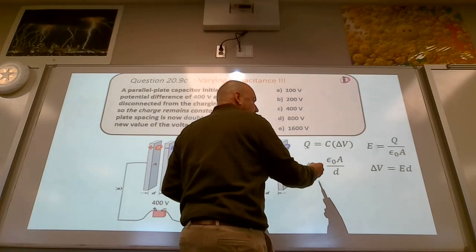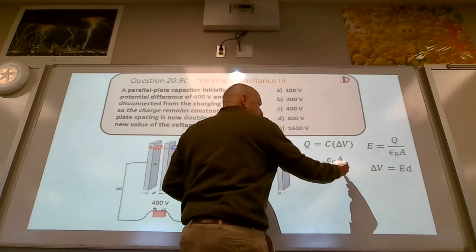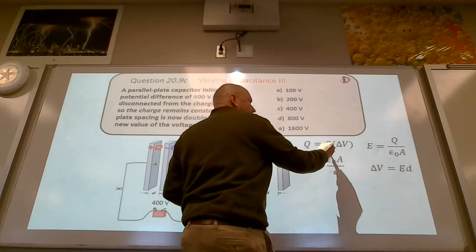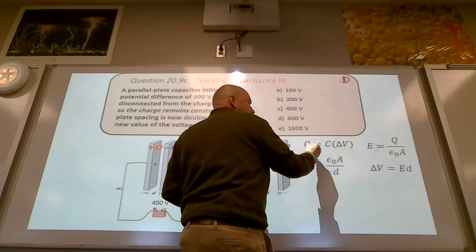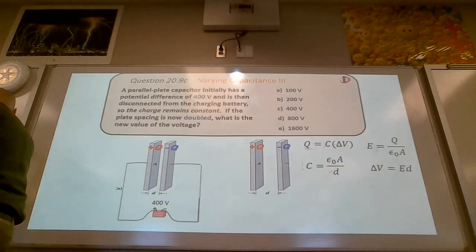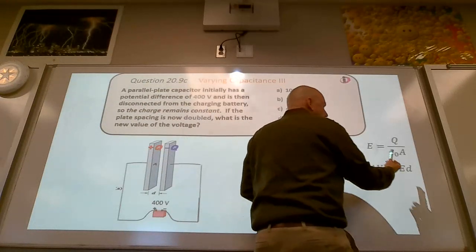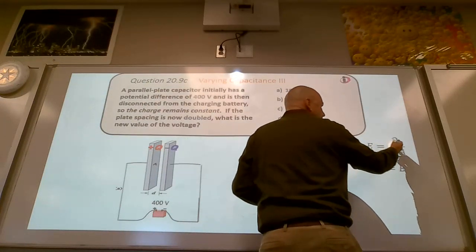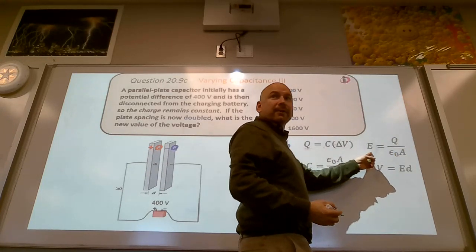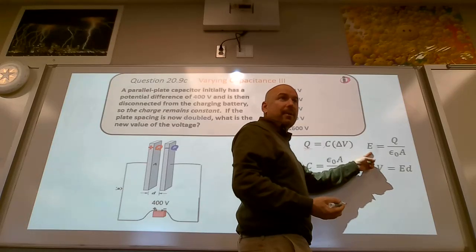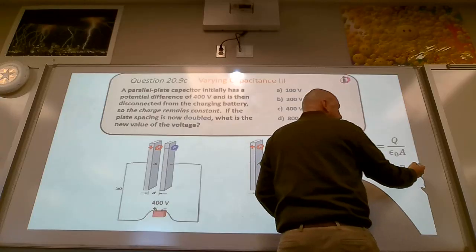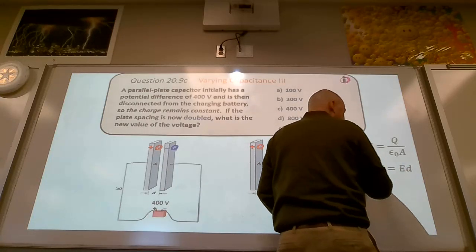The gap distance increases, it doubles. Therefore your capacitance is halved. Here, the charge stays the same, the area stays the same. Check this out. Electric field stays the same. So if electric field stays the same and gap distance doubles, voltage doubles.